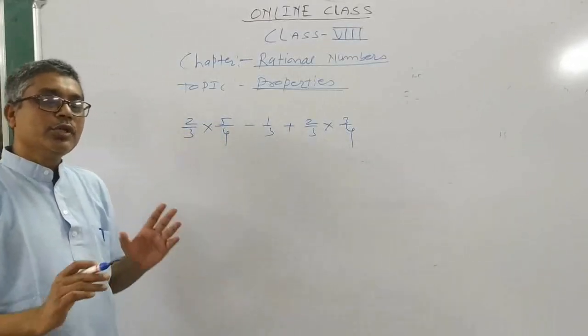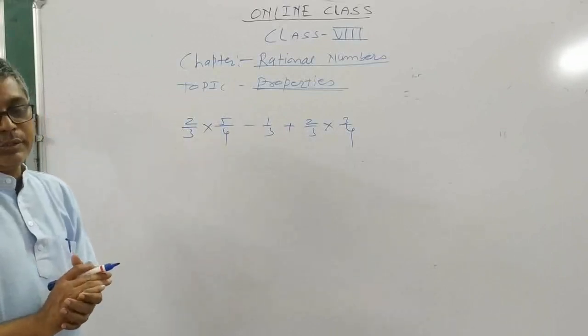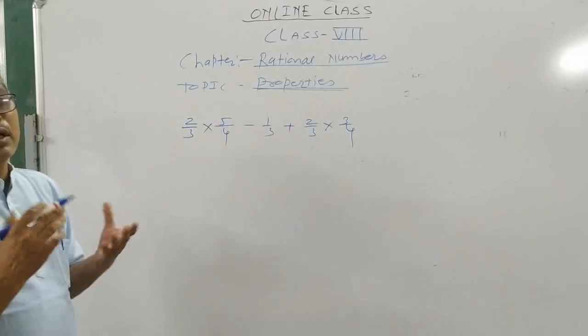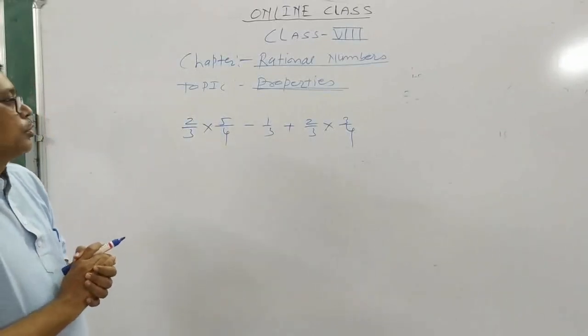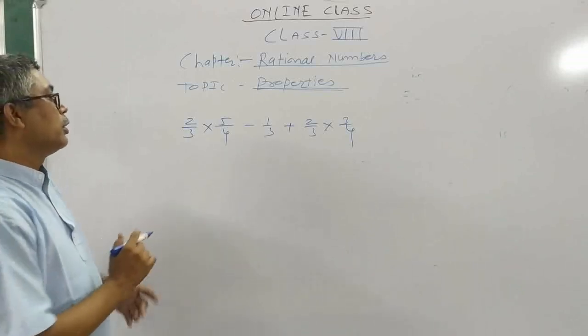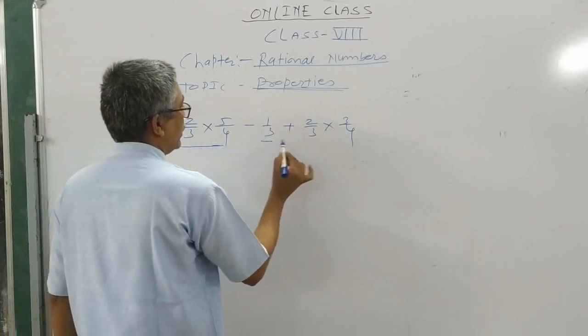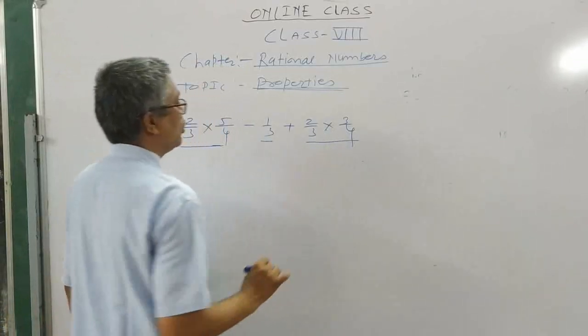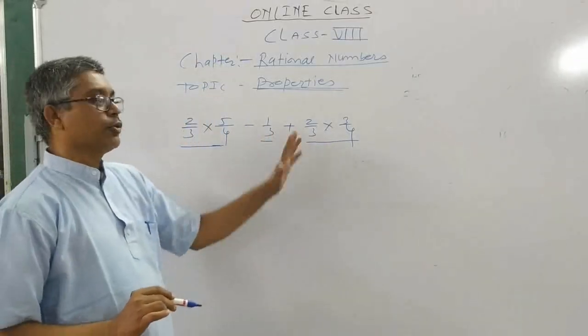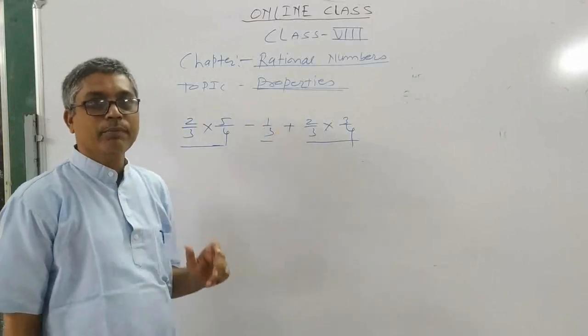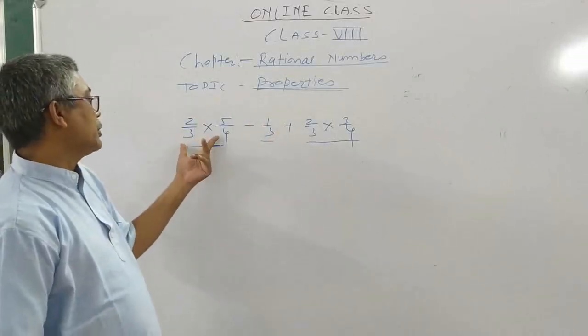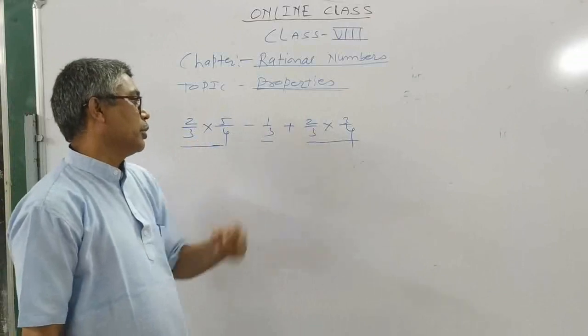Now by using these properties, that is commutativity and associativity. So what we do here, there are total 3 terms. This is 1, this is second and this is third, because they are connected by minus and plus between them. So this is first term, this is second term and this is third term.